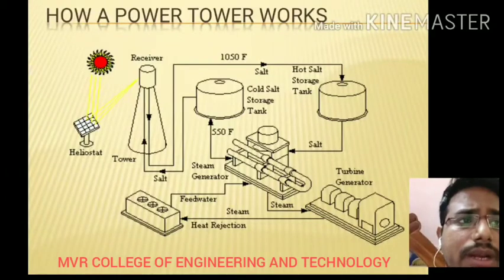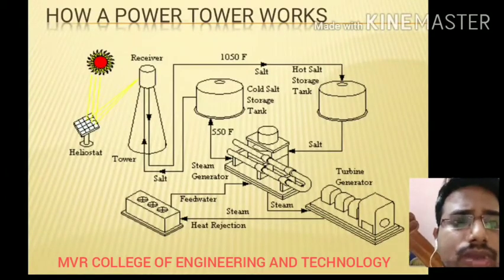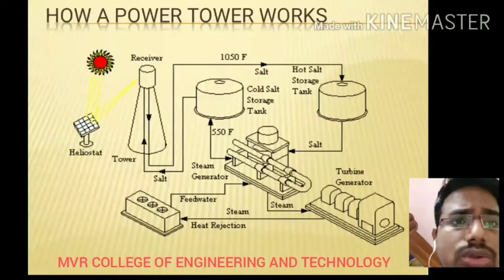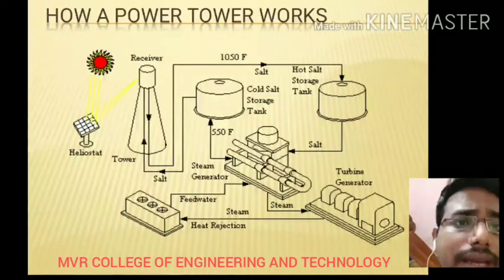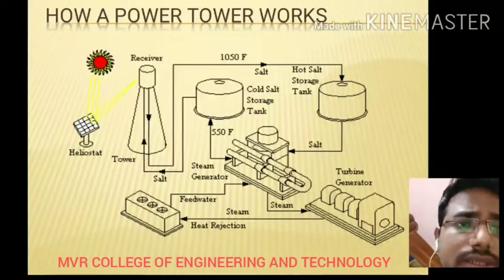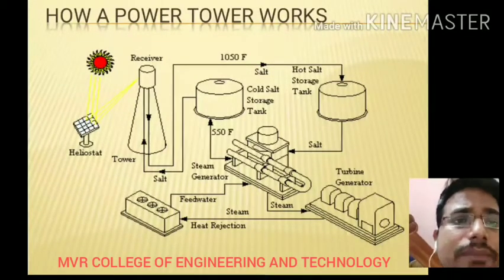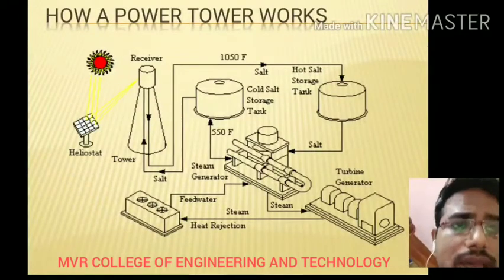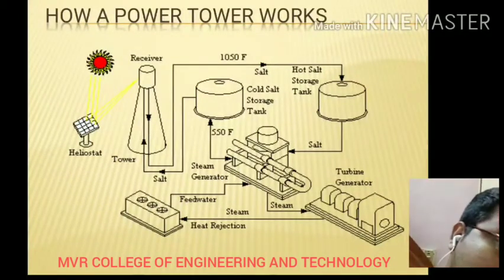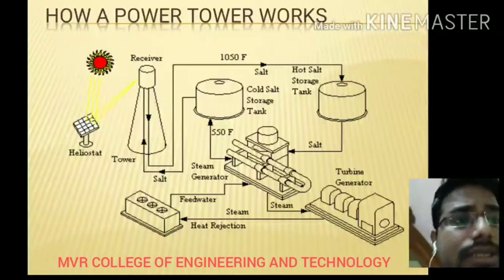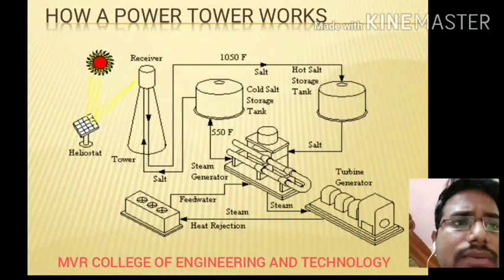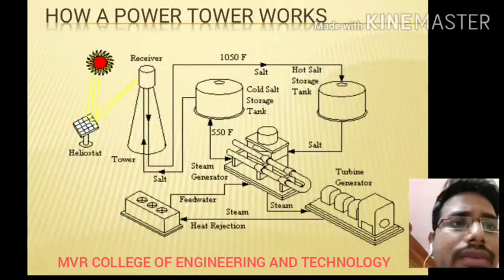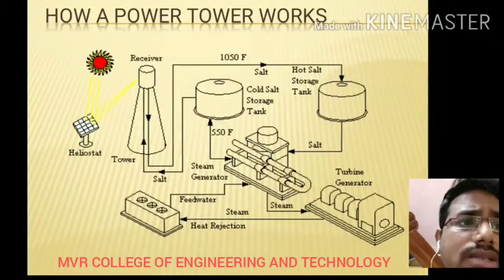Let me repeat it again. Whenever the sun hits these solar mirrors, they will reflect onto the receiver. This receiver will receive these solar rays, and the cold water with salt will be heated, and it will enter the hot salt storage tank.